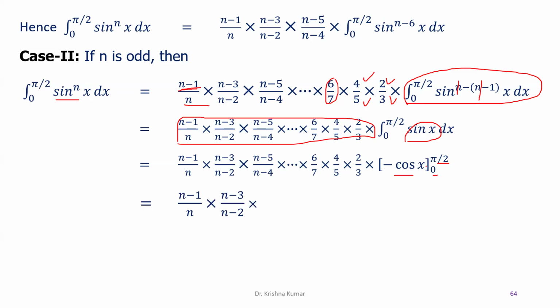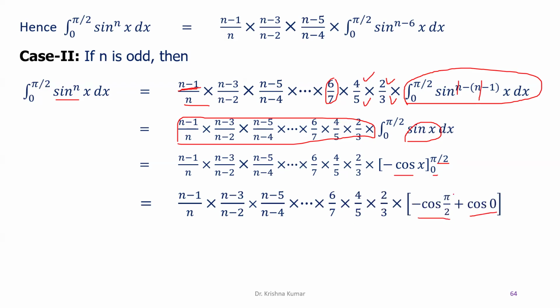So we are able to write down (n-1)/n into (n-3)/(n-2) into minus cos pi by 2 plus cos 0. This is 0 and cos 0 is 1.